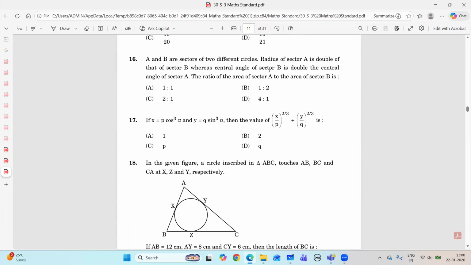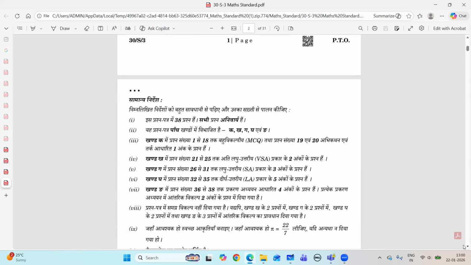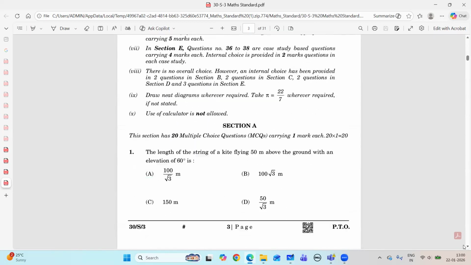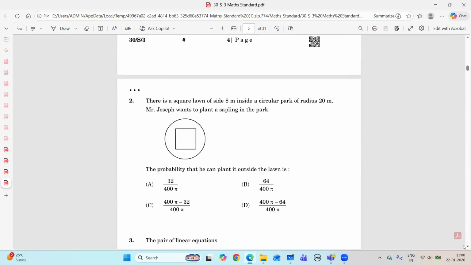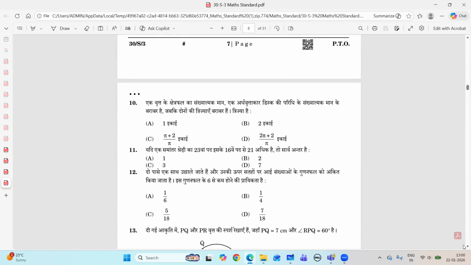And angle of capital B is double the angle of sector A. So if for sector A angle is theta, sector B angle is 2 theta. And then we computed the ratio of the areas. Right? Ratio of the first circle, sector A to sector B. That's what we are asked to find: the area of sector A is to area of sector B.